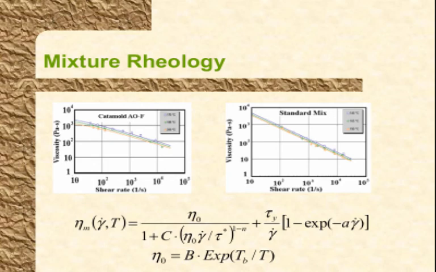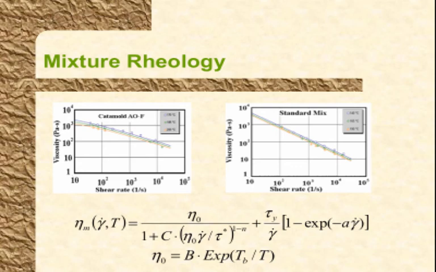So for instance, at a shear rate of about 10 to the power 3, 1,000 reciprocal seconds, the viscosity is about 100 for the wax polymer mixture. In the case of the commercial polyacetal mixture, it's about 300 or 400 Pascal seconds, so slightly more viscous.